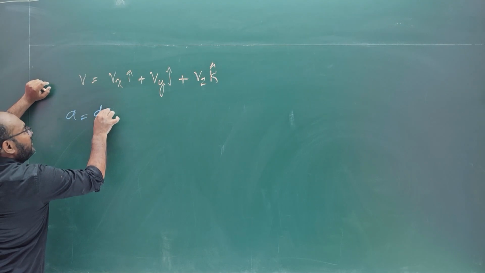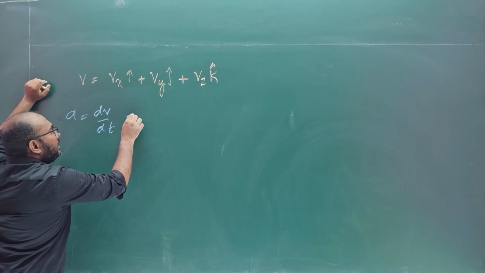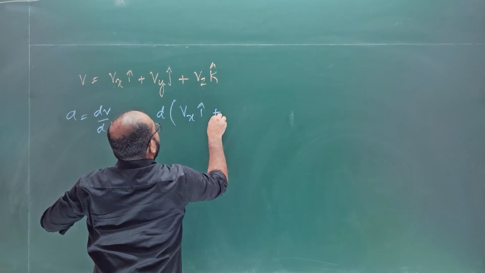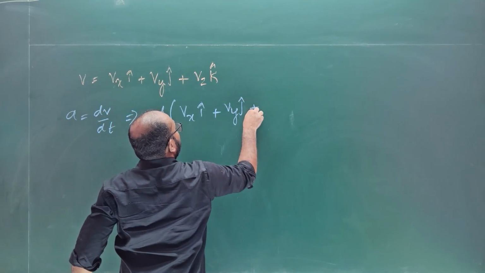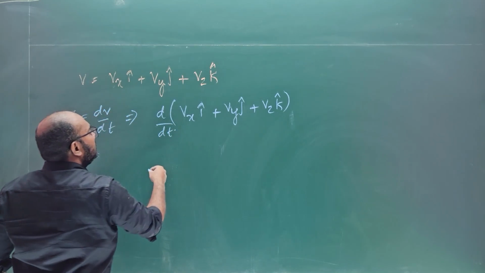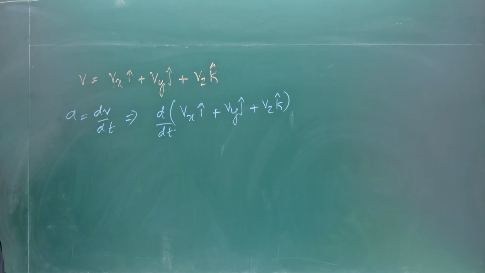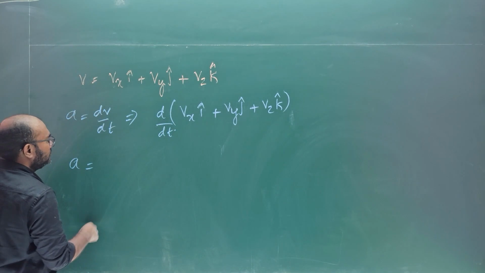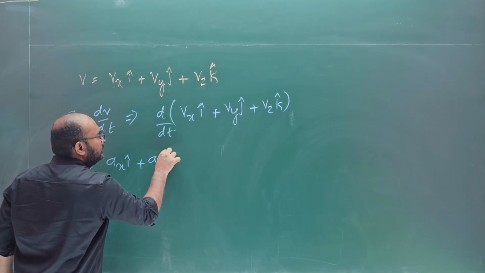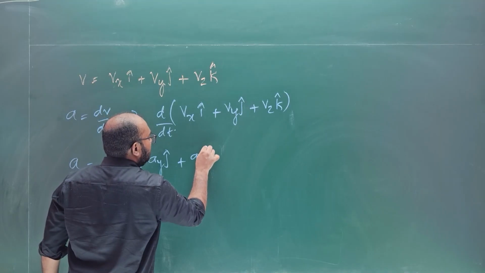Acceleration is nothing but dv upon dt, or I can write over here (vx i cap plus vy j cap plus vz k cap) upon dt. So acceleration is equal to ax i cap plus ay j cap plus az k cap.